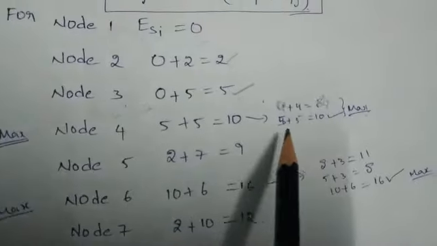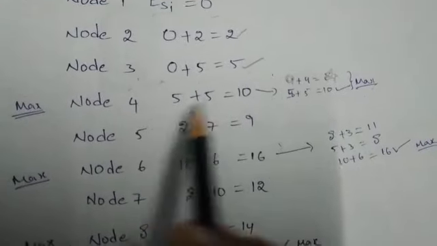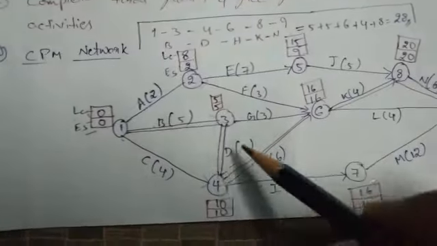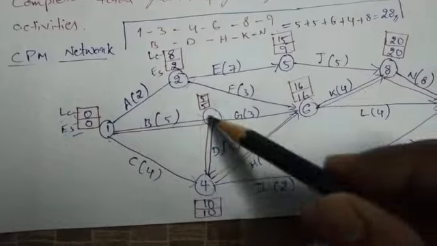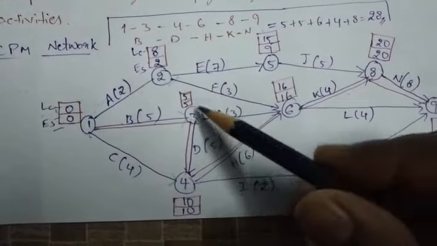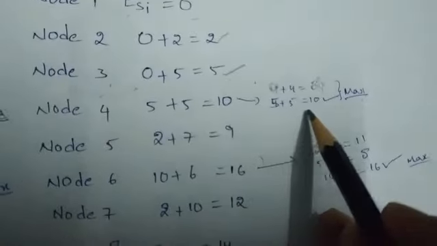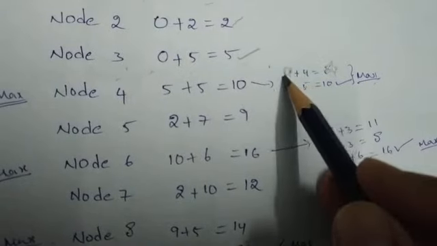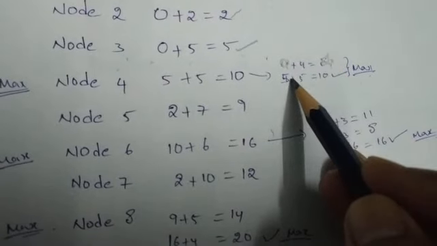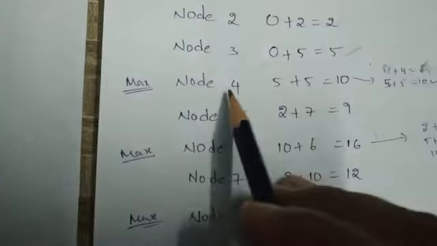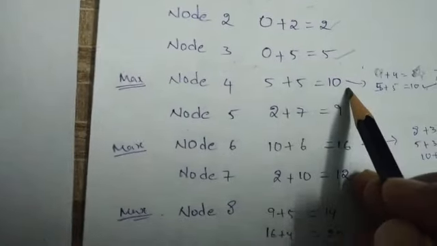Here, 0 plus 4 equals 4, and the other value is from the 3 to 4 activity, that is 5 plus 5 equals 10. So what is the maximum value? 0 plus 4 equals 4, and 5 plus 5 equals 10. So we consider the node 4 earliest start time as 10.